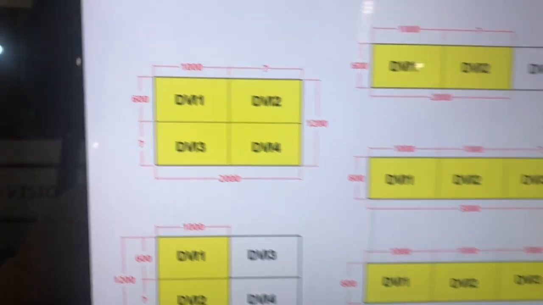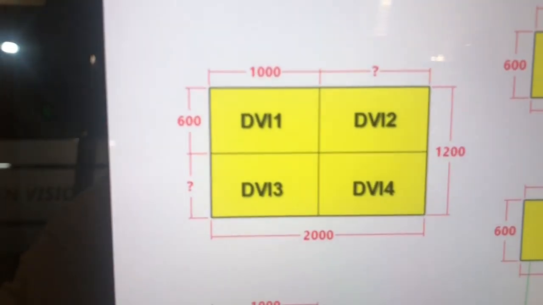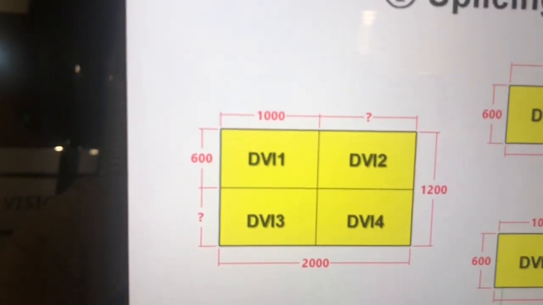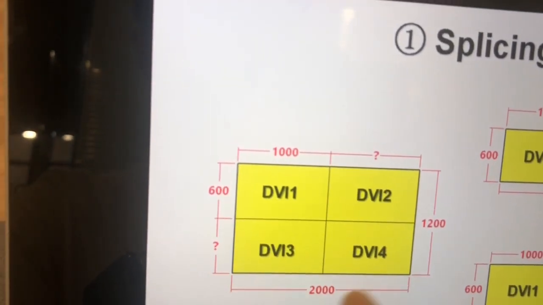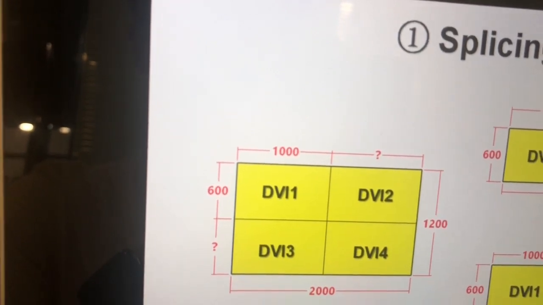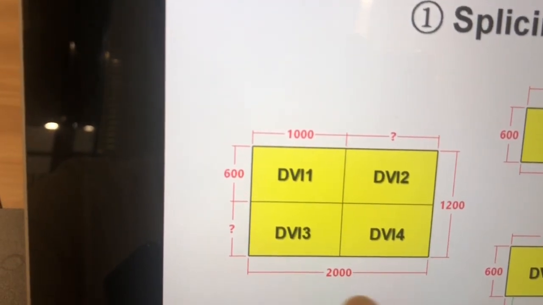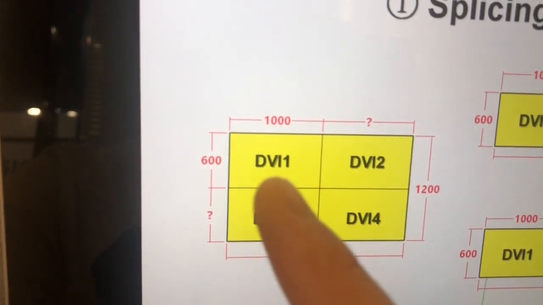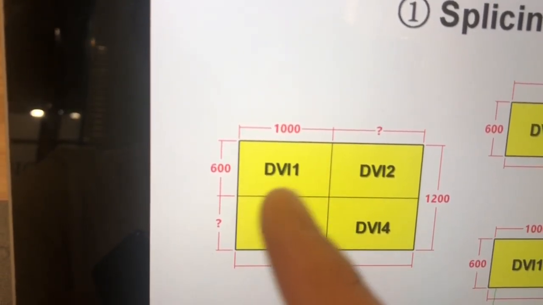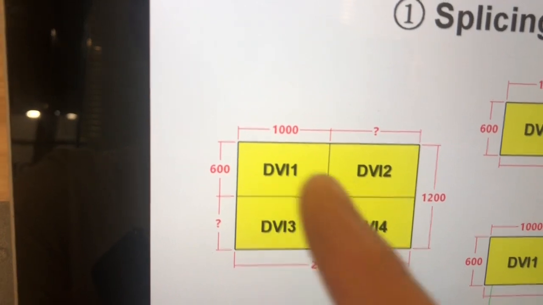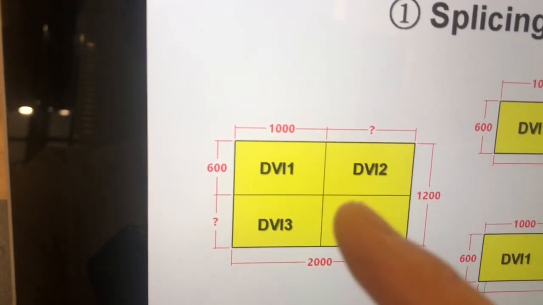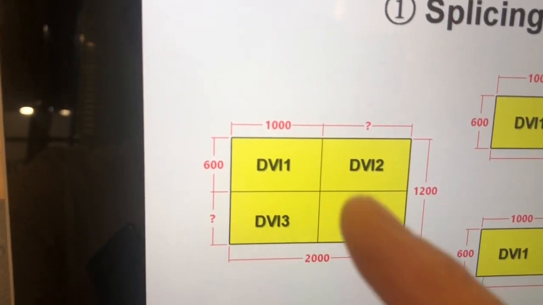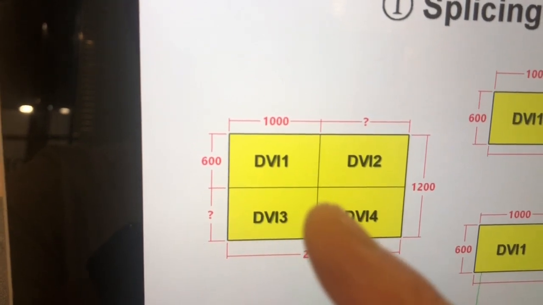The first one is the field split. It's just like a field. We only have to know the total width and the total height, and the width and the height for device 1, and the other parameters will be calculated by the machine automatically.